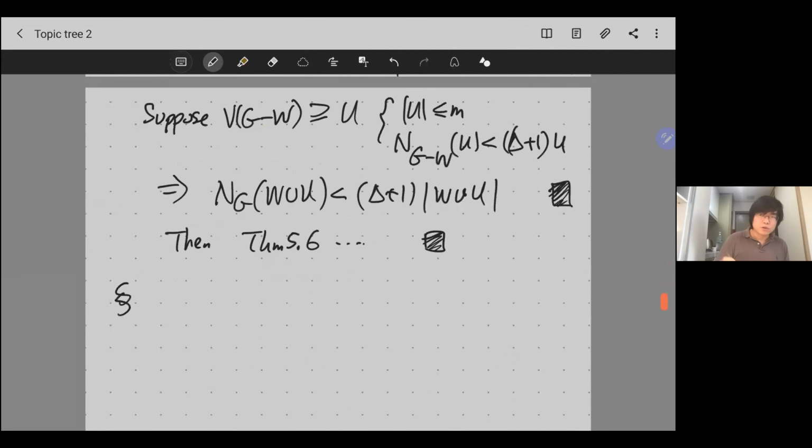Okay, so what I want to focus on today and tomorrow is actually the spanning bounded degree tree, which is a lot harder than this almost spanning one. As you can see, for this almost spanning one, all we did is the technical lemma yesterday, which is still kind of intuitive. It's kind of like an induction with a stronger hypothesis. But for a spanning bounded degree tree, to find the right threshold, a lot more ideas are needed.